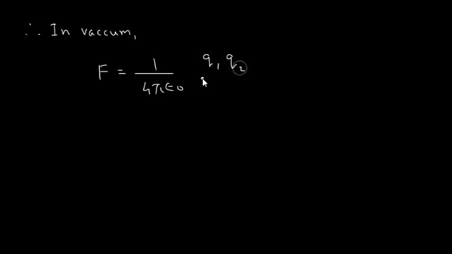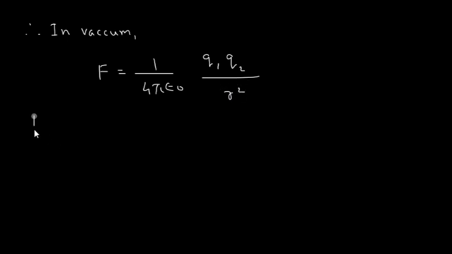Therefore, in vacuum, F is equal to 1 by 4 pi epsilon naught Q1 Q2 upon R square.